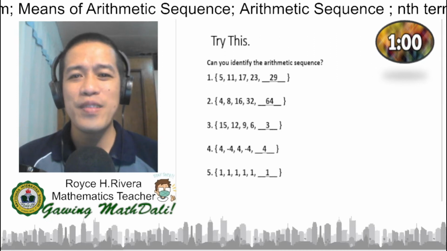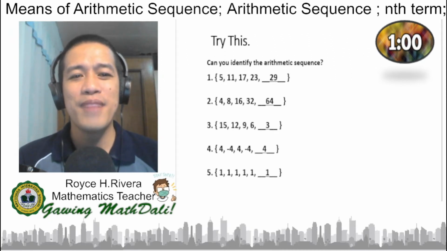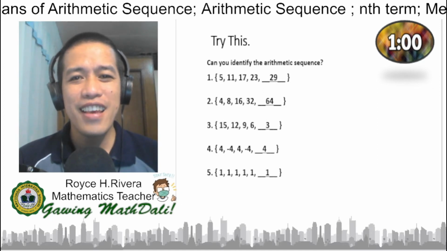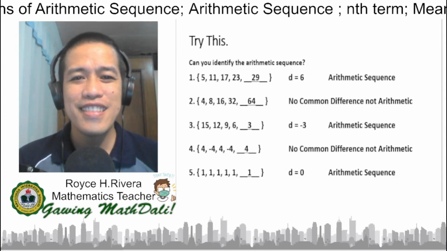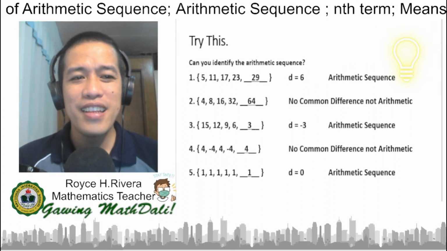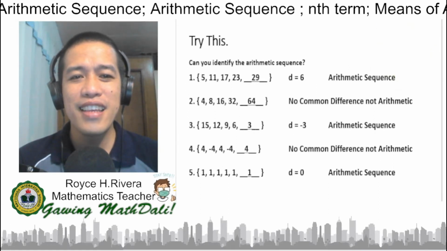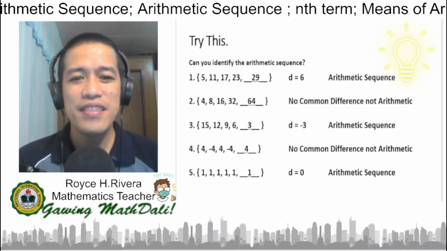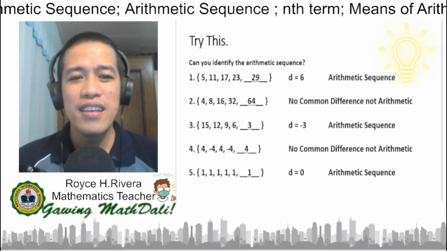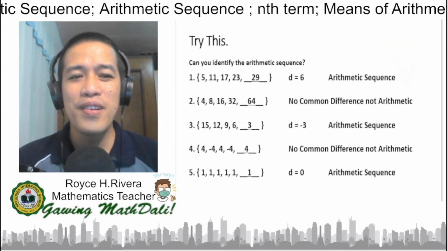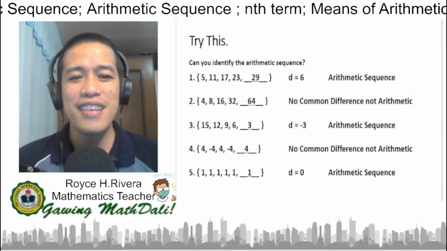Tignan natin kung nakuha nyo ang mga tamang sagot. Here are the answers. Number 1 is an arithmetic sequence. The common difference is 6. Number 2, there is no common difference. Therefore, it is not arithmetic.